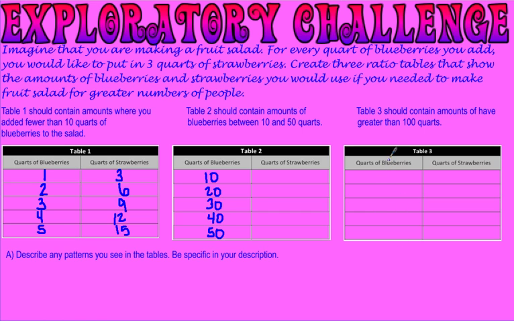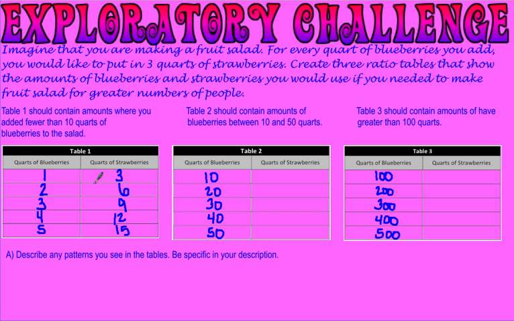And then for the third one, we want quantities that are greater than 100. So we'll start with 100 just to have a nice number to start with, and then we'll just go 100, 200, 300, 400, 500.